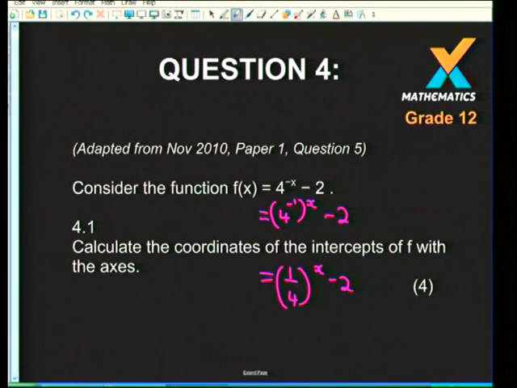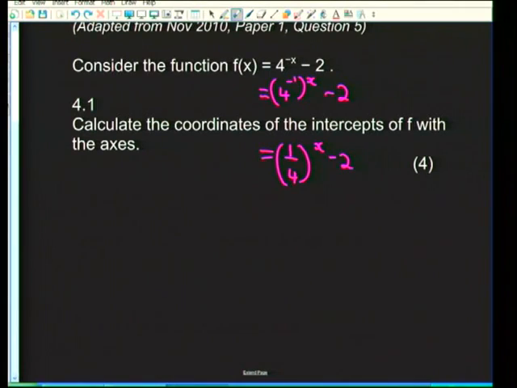That you could write it as a whole base and put a negative in and effectively have a fractional base. Now it says calculate the coordinates of the intercepts of f with the axes. Okay, well that's not a problem. It's our good usual question where we want the x-intercept and the y-intercept.